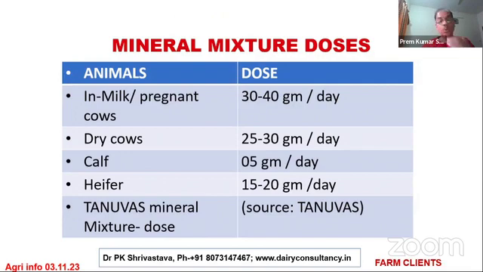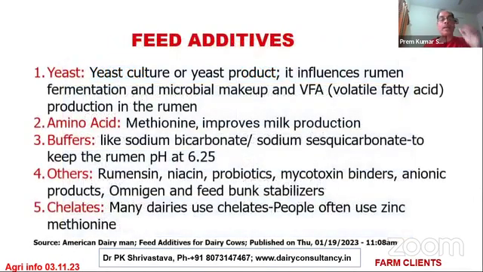But a few you can get that are better. The companies I told you about, if you are getting from Amul, if you are getting from Agrovet, at least some kind of material you are going to get. So this is the quantity you have to feed to the animal, age wise. And these are the feed additives. This is a concept going on in the Western countries. In India, now it is coming slowly.